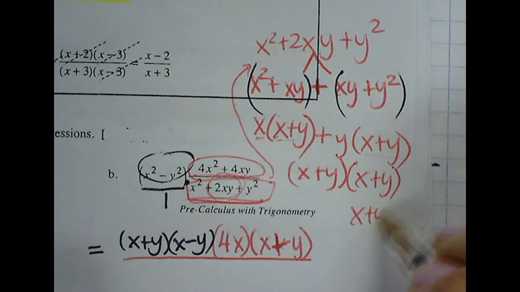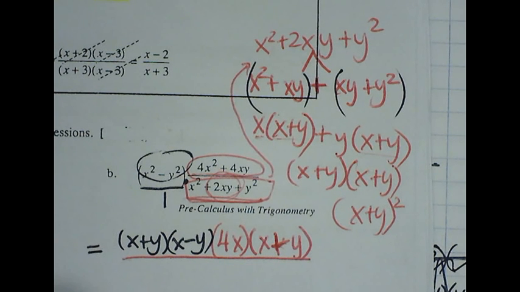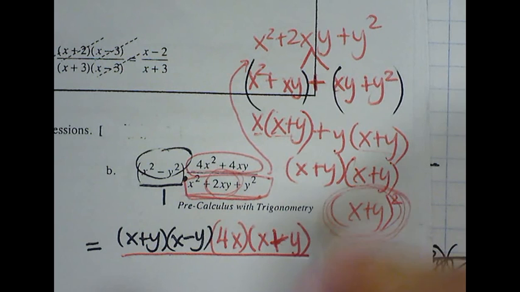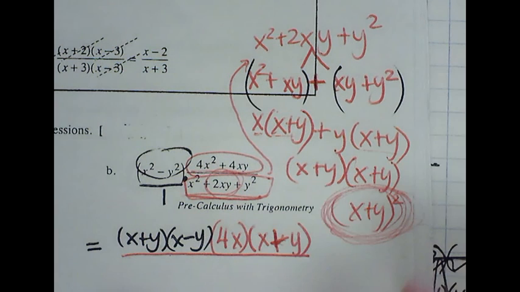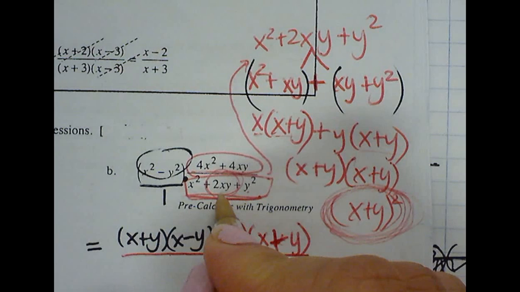But you guys need to memorize this. I know I don't normally like to have you guys memorize stuff, but whenever you see x plus y, that quantity squared, you should know that is the same thing as x squared plus 2xy plus y squared. You don't remember that? For example, if I had asked you to do x plus 3 squared, wouldn't you know right away that that's x squared plus 6x plus 9?